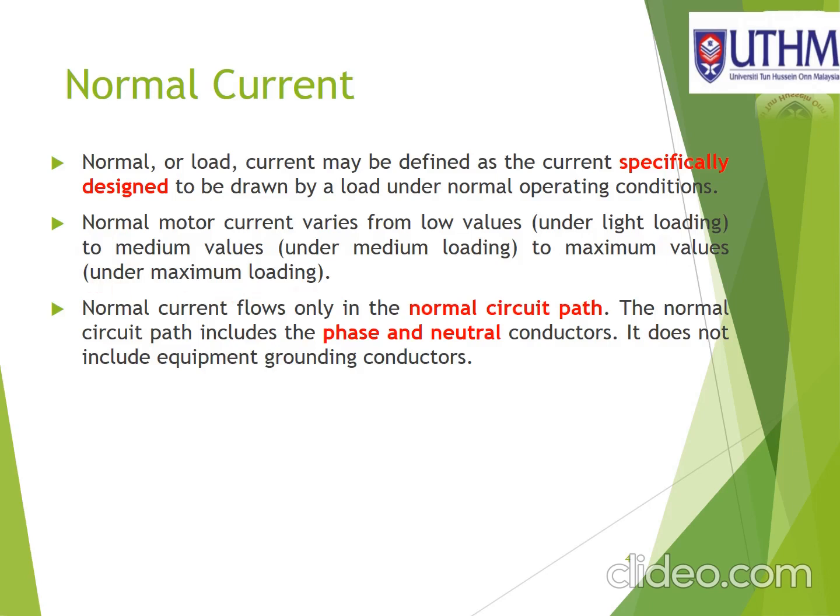Normal current flows only in the normal circuit path, without any fault. The normal circuit path includes the phase and neutral conductor. It does not include the equipment grounding conductor.